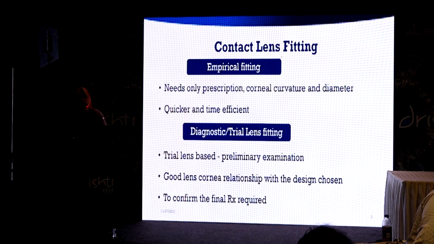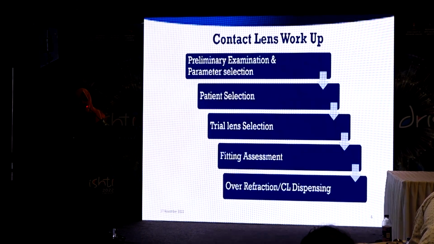Diagnostic or trial lens fitting is based on the preliminary examination the patient has to undergo. There should also be a good lens-cornea relationship with the design we choose, and finally we have to confirm the final Rx required. It is very helpful in choosing the initial trial lenses.